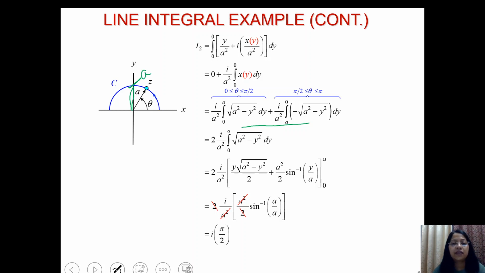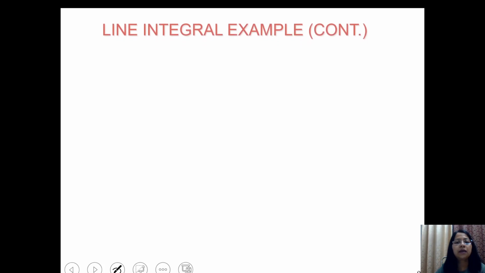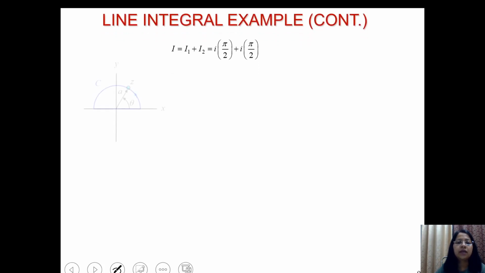So that's why we have taken it here, and then further we'll simplify it after substituting x in terms of y. Using the same equation of circle, we have substituted here the values of x in terms of y, right? So we can integrate it in a very easy manner, and we are getting the result as iota pi by 2 for the second integral. Right, now compiling the result, we are getting iota pi.